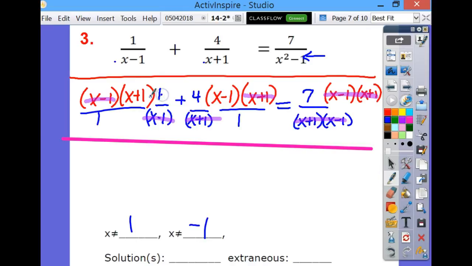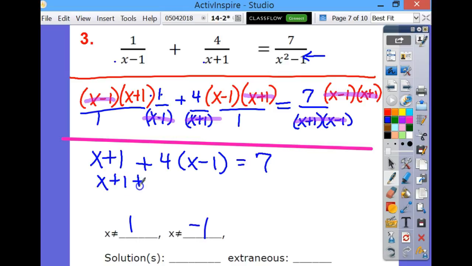Okay, 1 multiplies by x plus 1 because that didn't cancel out. 4 multiplies by x minus 1, and then we have a 7, and everything else canceled out over there by the 7. X plus 1 plus 4x minus 4 equals 7.